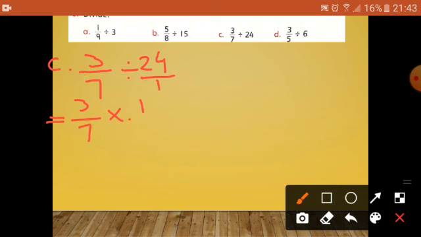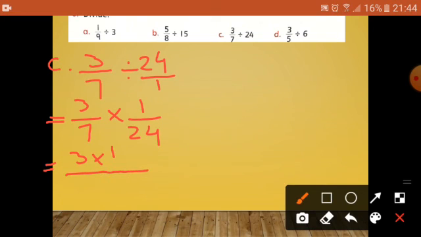So 24 upon 1 will become 1 upon 24, or you can say 1 over 24. Then 3 times 1. Why did I do that?